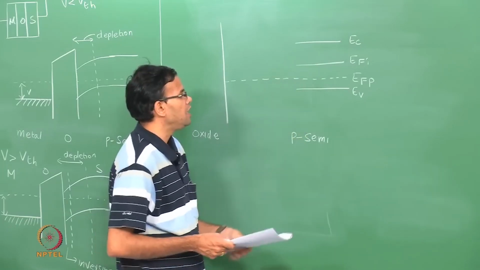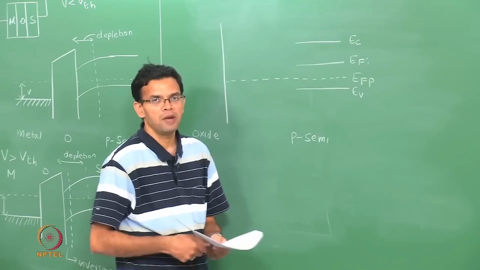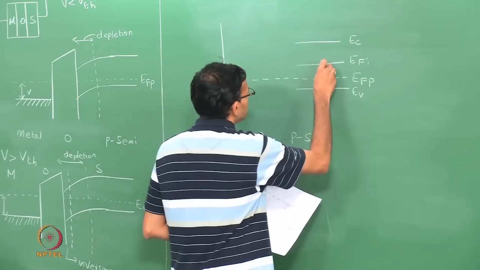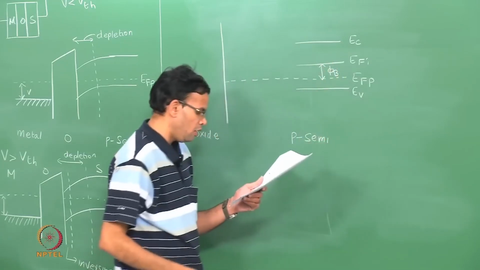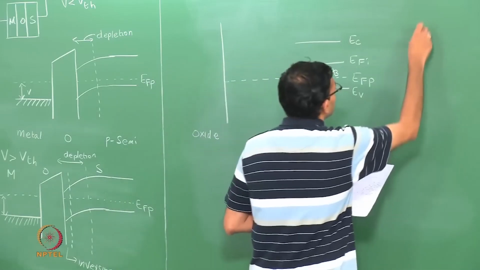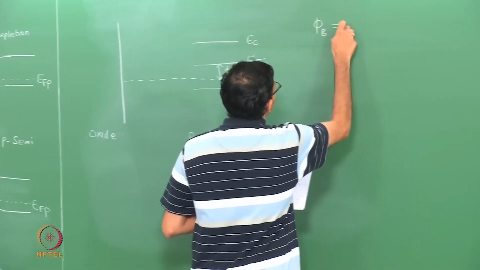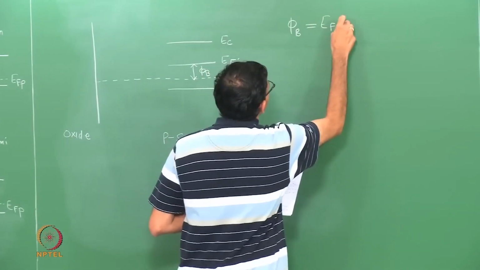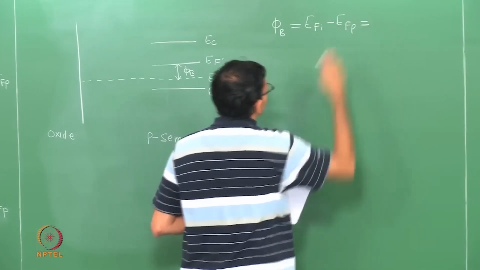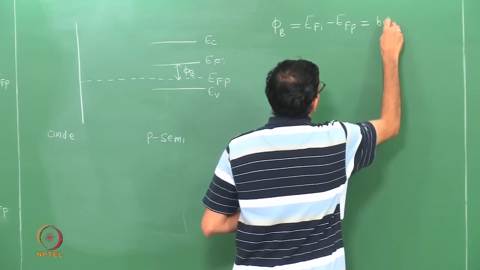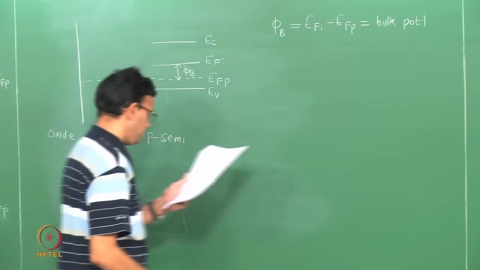The gap between EFI and EFP I am going to call phi b, which is the bulk potential. Phi b is nothing but EFI minus EFP, which is the bulk potential.